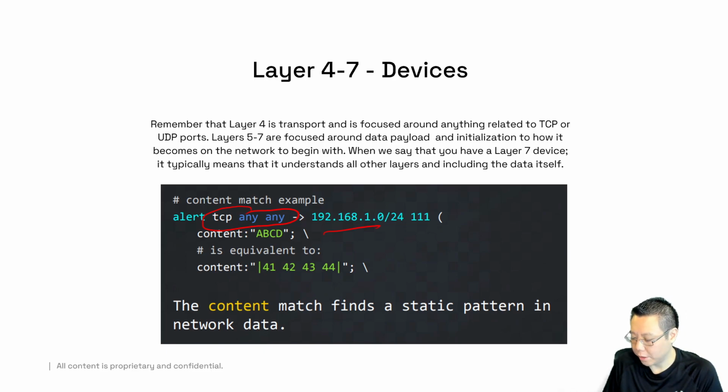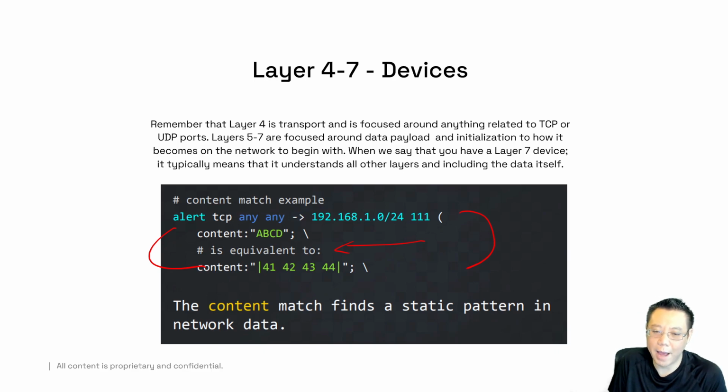At layers 5 through 7, right, I have encoding information, I have data, I have payload. I understand the content of the nature of what is being sent. So maybe Dennis was not sending you a great package for a gift. Maybe he's sending you something malicious. This is an example of a content match at 5 through 7, understanding a payload, understanding what I'm actually sending you.